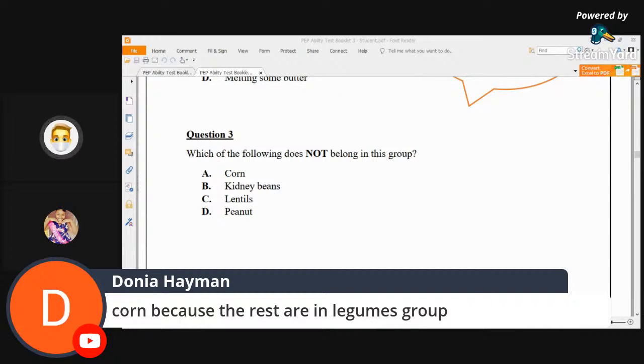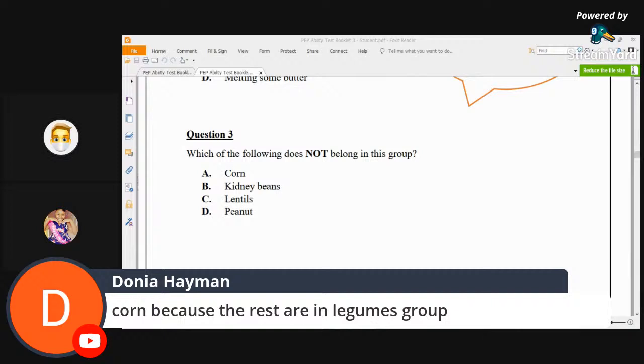Peas and beans and our legumes. And we can get our proteins from our what? Like food from animals or milk and meat and so on. Okay. So all of these, in terms of classification, we could put under legumes, but corn we can't. Okay. All right. Thank you, Heyman, for that response.